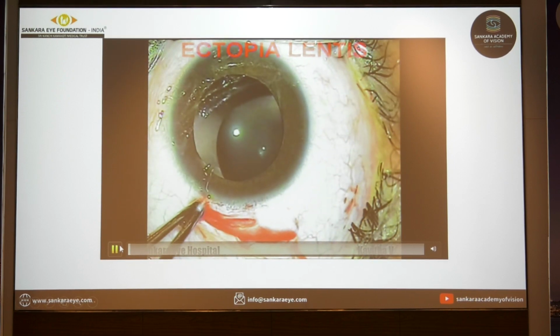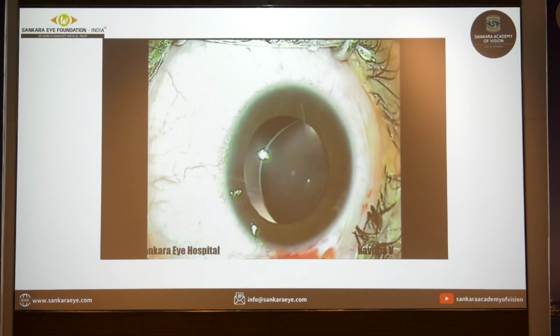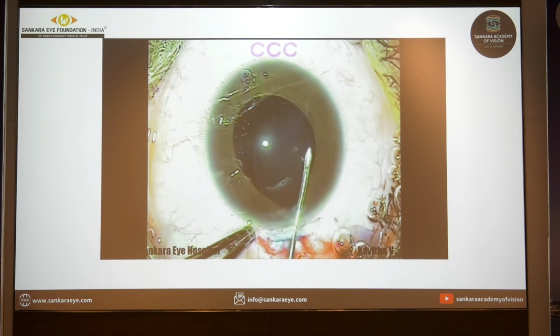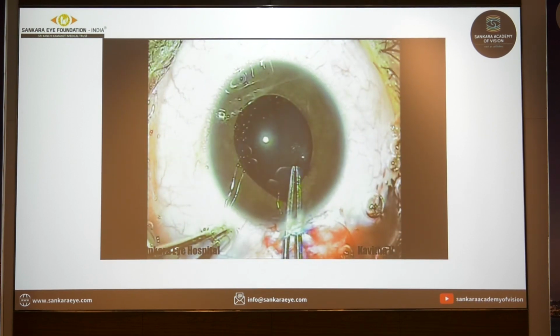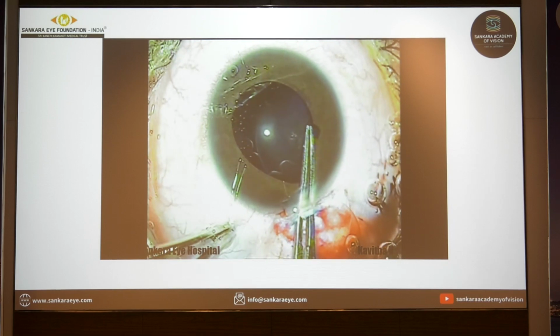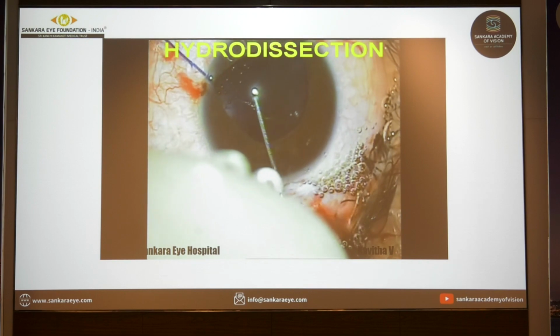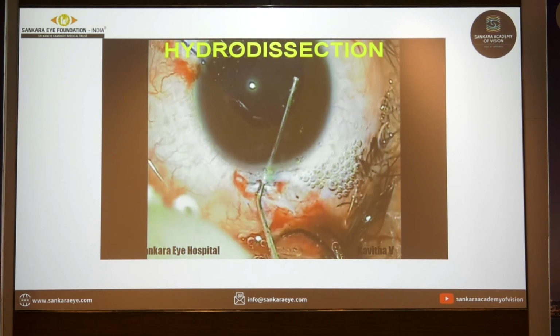This is more than 180-degree subluxation. The zonules are so weak, especially so if the eyes are myopic. But otherwise, one can really achieve a good rhexis here. I'm completing the rhexis. This is followed by a general hydrodissection.